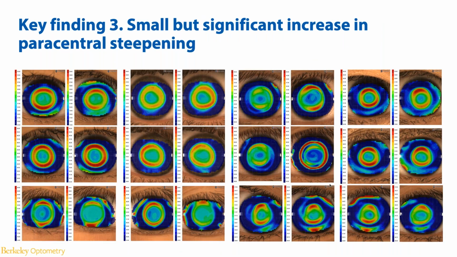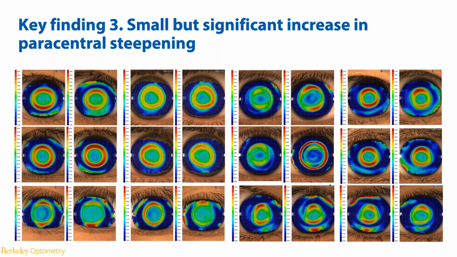And similarly, we're seeing a small but statistically significant increase in the paracentral steepening with the 5mm OZ design. Again, this is very subtle, but it has consistency across the board. And the paracentral steepening is more dramatic in the vertical meridian, so 12 and 6 o'clock, more so than the 3 and 9 o'clock.